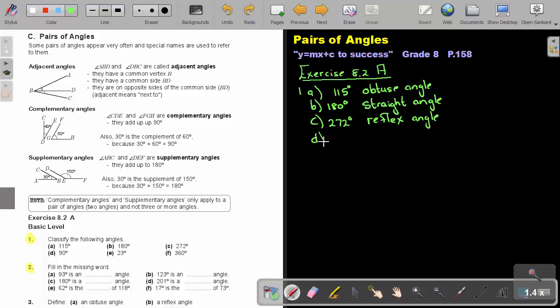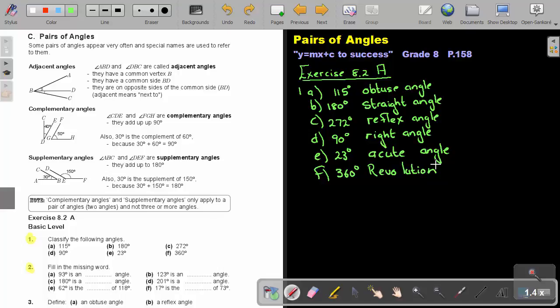Number D is exactly 90 degrees, a right angle. Number E is 23, between 0 and 90, so it's acute, it's small, cute. And number F is exactly 360 degrees, and we call this a revolution.